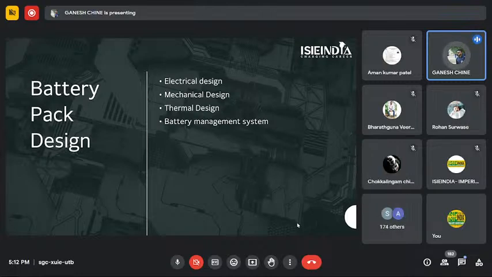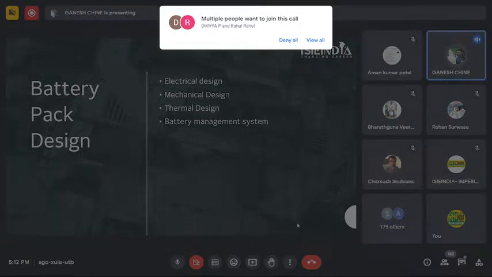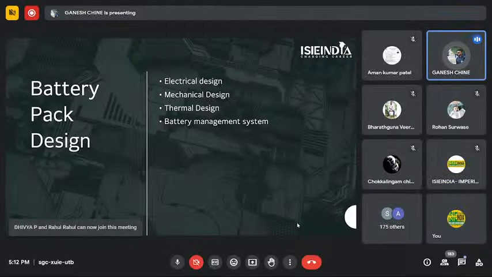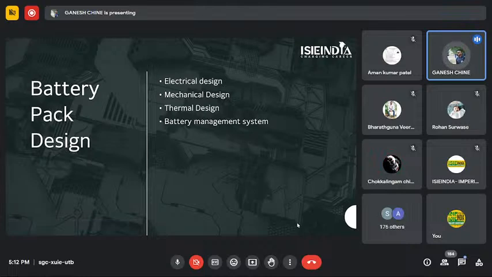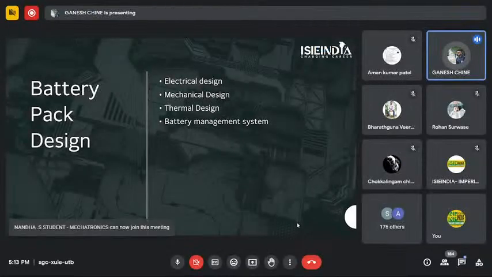We have to design the battery pack to satisfy all the temperature conditions, because suppose we consider the lithium ion battery, it has a specified temperature range, with an ambient range of 20 to 35. In some conditions we use up to 45. Considering all the temperature conditions, we have to design the system for the battery pack.